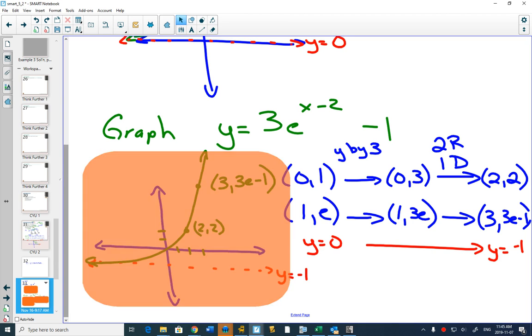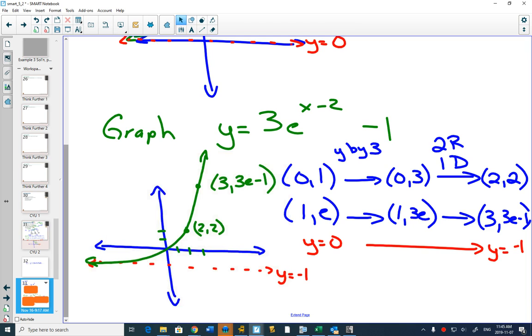So then you could graph it with your points, 2, 2 and 3, 3e minus 1, and draw the same shape of an exponential graph going towards our asymptote just like before. And everything is the same.